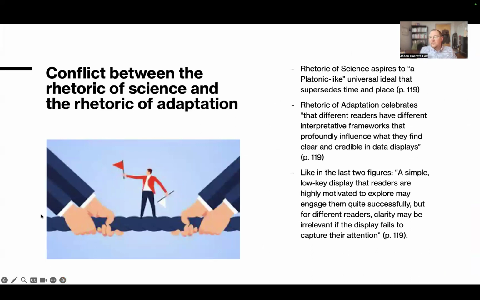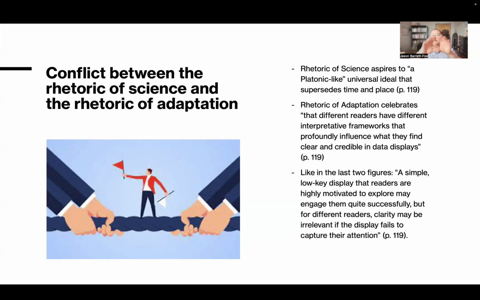Now, there are some conflicts between what we might call the rhetoric of science and the rhetoric of adaptation, right? And I just mentioned Plato, and there's a reason for that, because the rhetoric of science, the same rhetoric that says language is a mirror of reality, aspires to a kind of Platonic, universal ideal that supersedes time and place.